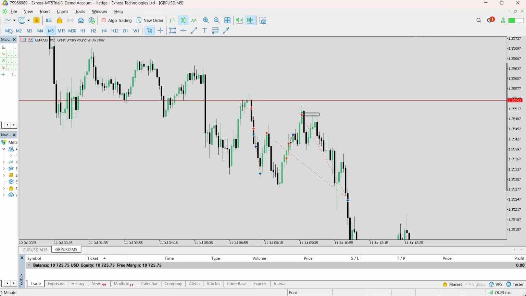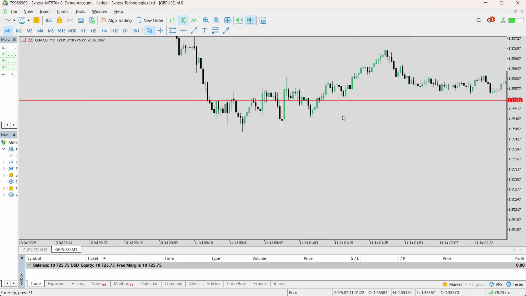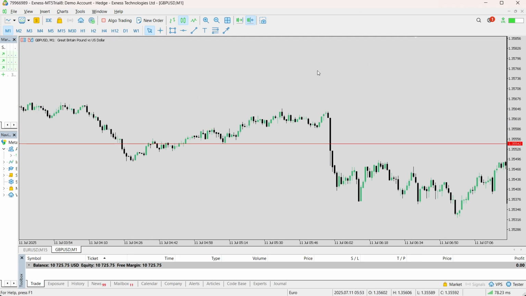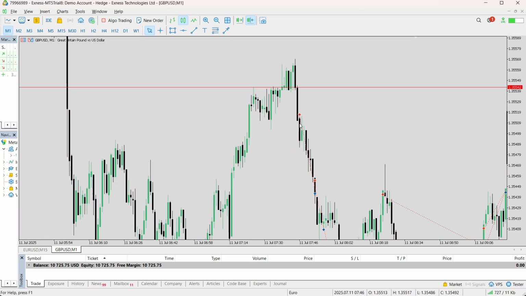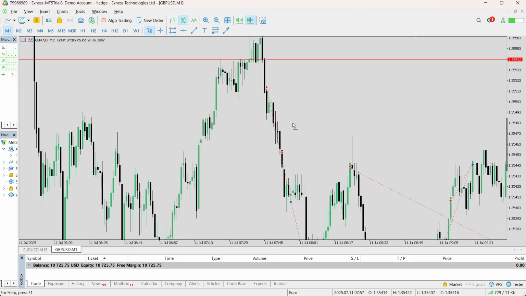In between the video, I told you about one entry, right? From this fair value gap, this 1 minute fair value gap. When it was closed and when the board was coming here, I just clicked myself.